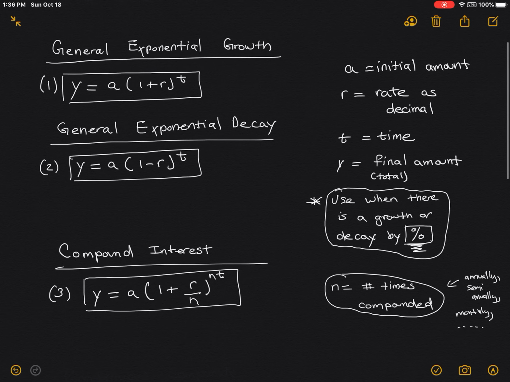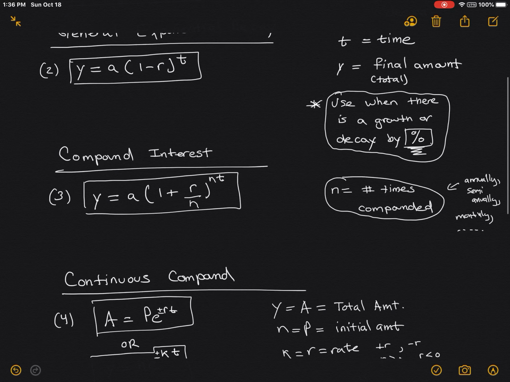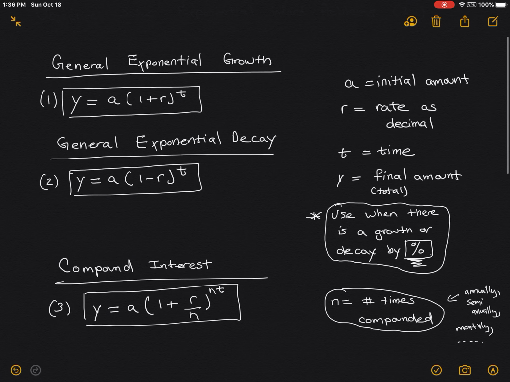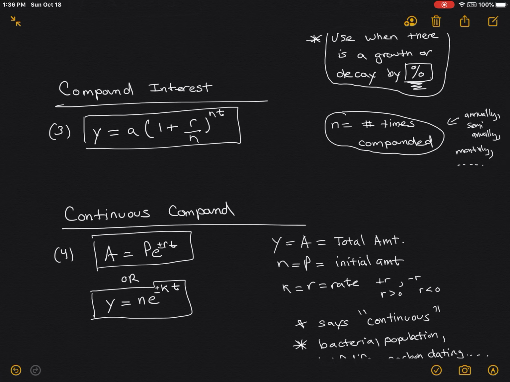So there's really only 3 formulas if you think about it. Growth uses positive R, decay uses negative R, and this compound interest formula right here, number 3, comes from your exponential growth formula. All I inserted was an N, and for the continuous one, you use e.